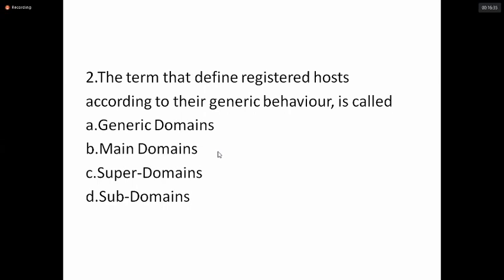Just now I specified the entire DNS is classified into a generic domain, a country domain, and an inverse domain. So anything specific to one behavior is referred to as what? Yes, it is the generic domain. Whoever is answering, it's correct. It is the generic domain.